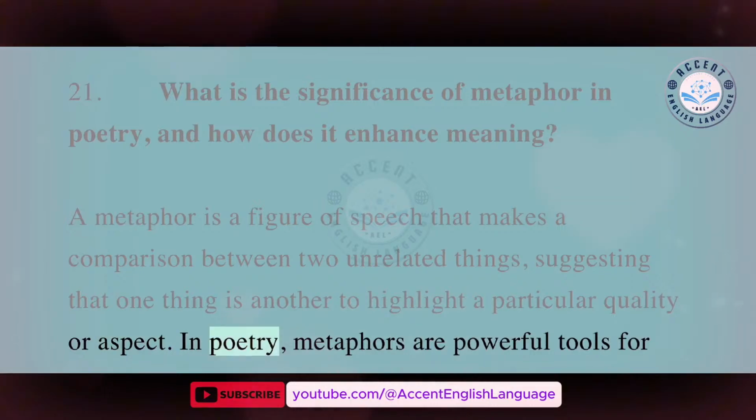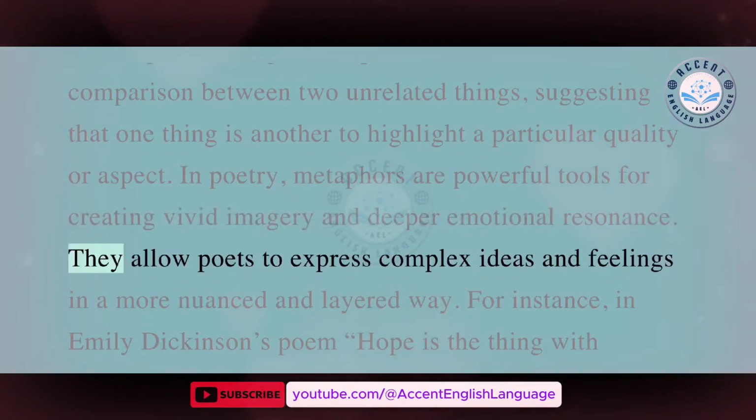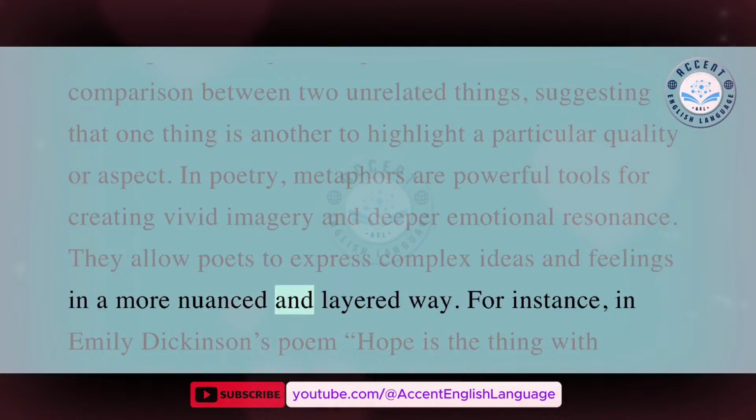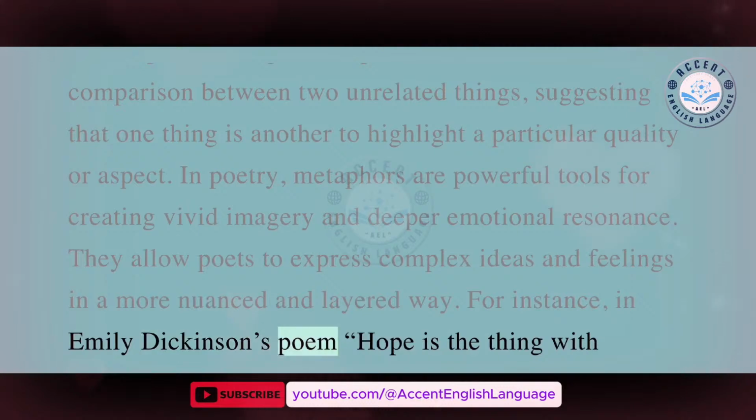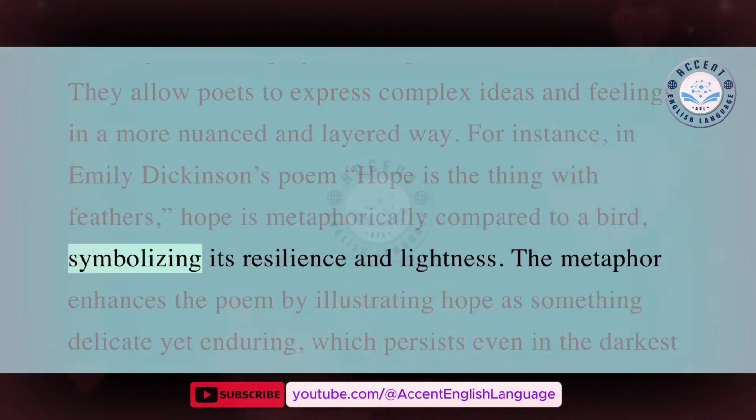In poetry, metaphors are powerful tools for creating vivid imagery and deeper emotional resonance. They allow poets to express complex ideas and feelings in a more nuanced and layered way. For instance, in Emily Dickinson's poem, "Hope is the Thing with Feathers," hope is metaphorically compared to a bird, symbolizing its resilience and lightness.